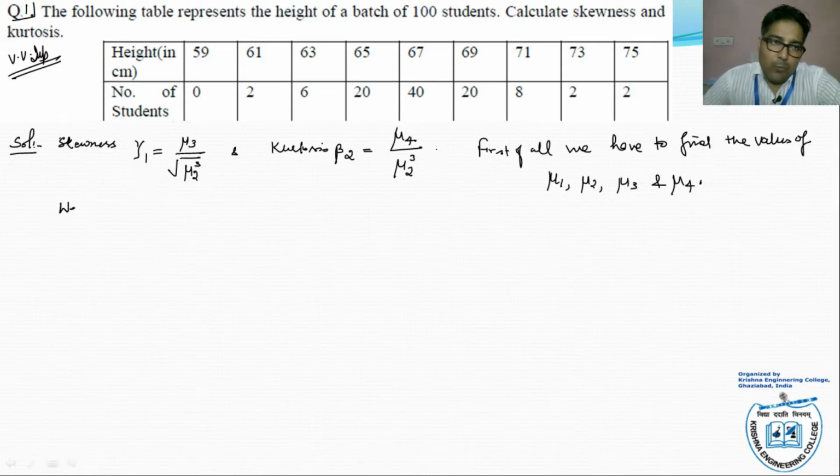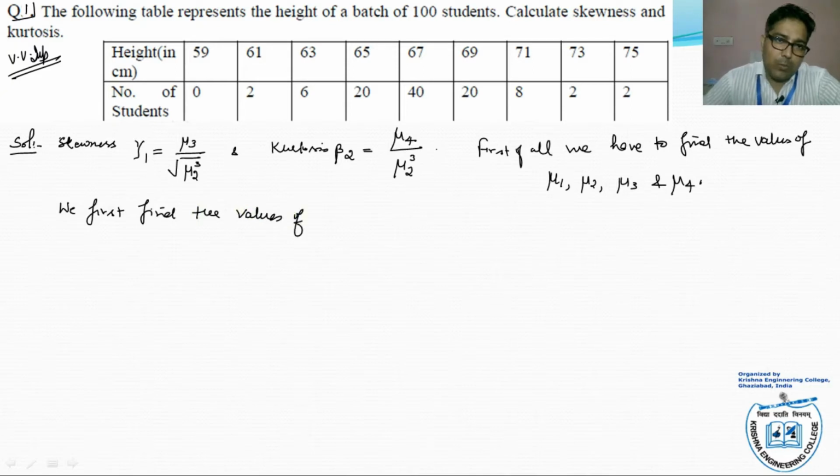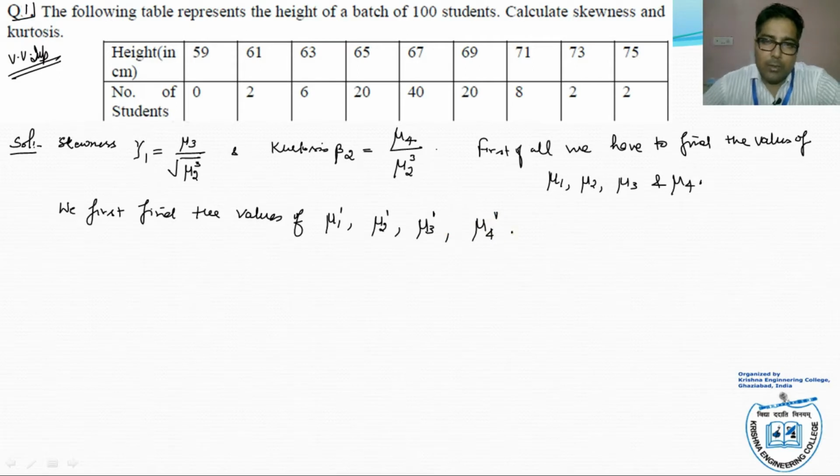So, we first find the values of mu 1 dash, mu 2 dash, mu 3 dash and mu 4 dash. After finding the values of mu 1 dash, mu 2 dash, mu 3 dash, mu 4 dash, we use the relationship between mu r and mu r dash.